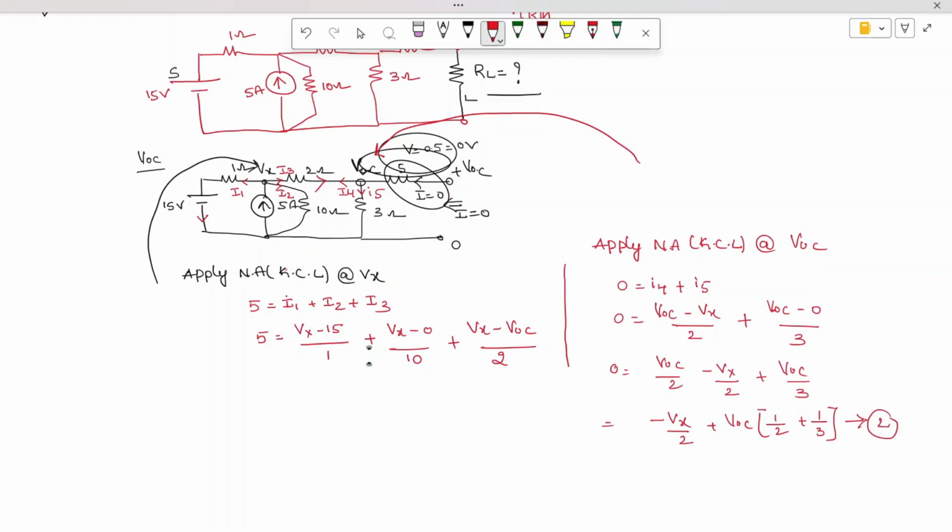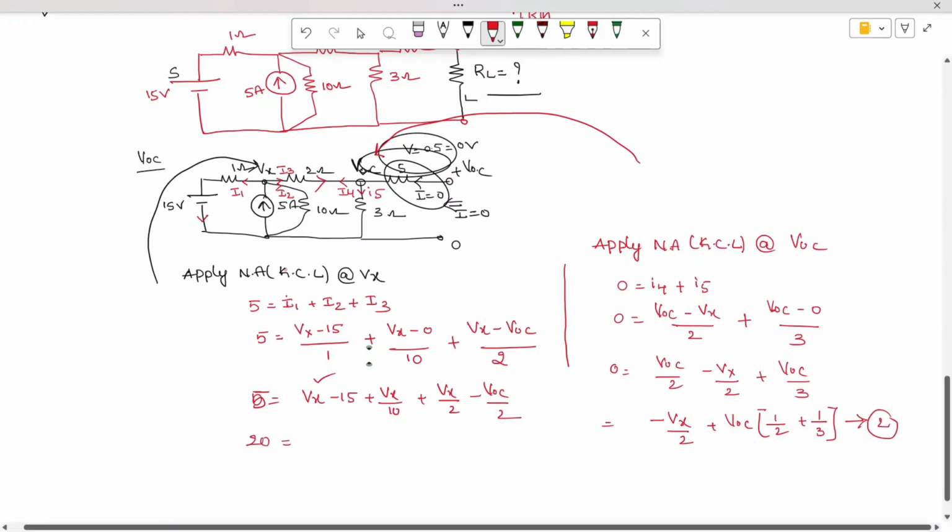From the first equation, 5 is equal to Vx minus 15 plus Vx by 10 plus Vx by 2 minus VOC by 2. So 5 plus 15, which is 20, is equal to Vx times (1 plus 1 by 10 plus 1 by 2) minus VOC by 2. Just use your calculator and find the values.